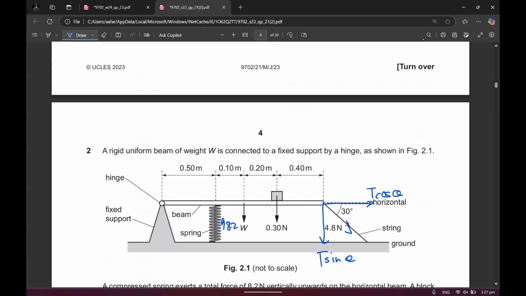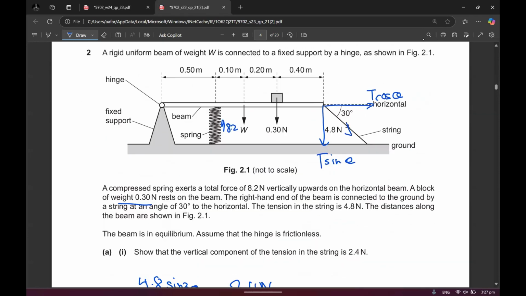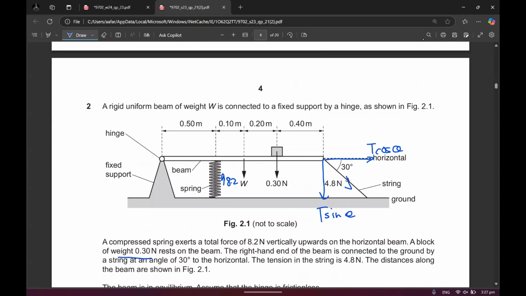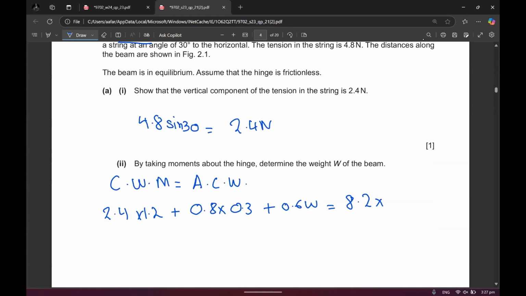So the only anti-clockwise moment which we have is this spring right here, and it has a force of 8.2 Newton at a distance of 0.5 meter.